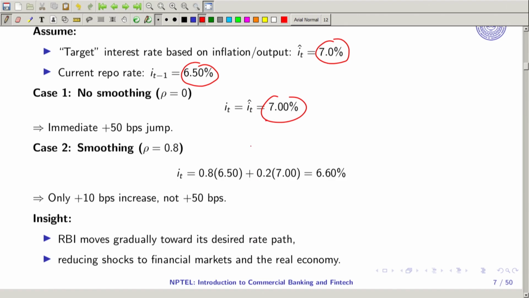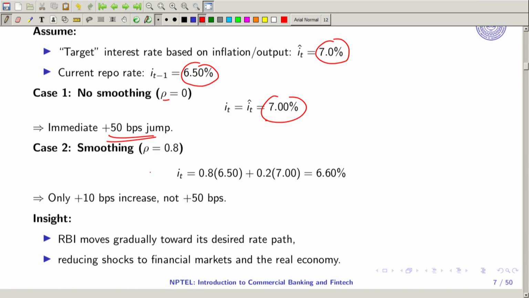Now you can say that with no smoothing, rho equal to 0, the rate of interest will shoot up immediately by 50 basis points. It will be a big jump, and this creates trouble because it will have a sudden impact on the market, and the market may not be able to digest it.